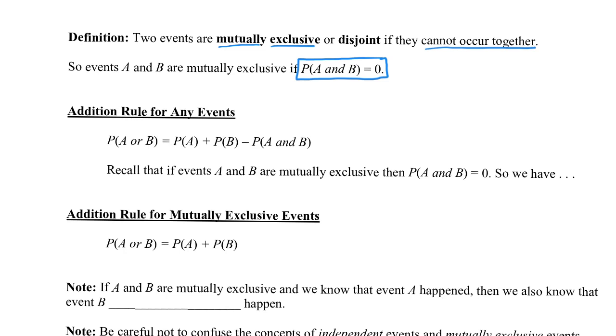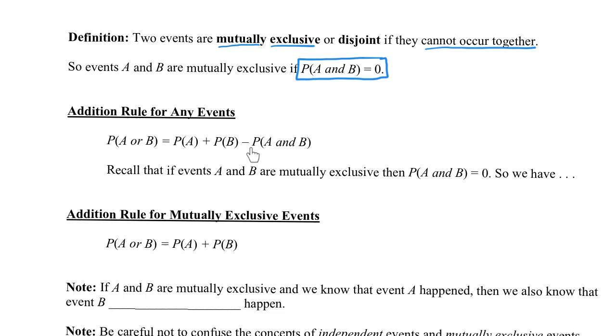So we've got this addition rule for any events. And again, an addition rule just means you've got an or question. So this works for any events at all. The probability of A or B is the probability of A plus the probability of B minus the overlap, the probability of A and B. Now this works for any of them because remember that if A and B are mutually exclusive, then the probability of A and B is 0.